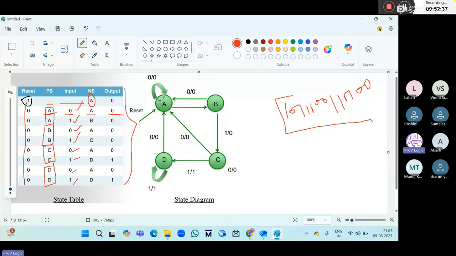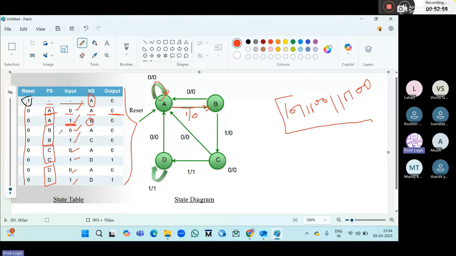So currently in A, 0 means A only. From A, input 1, then what is the next state? B. For input 1, what is the output? Output is 0.